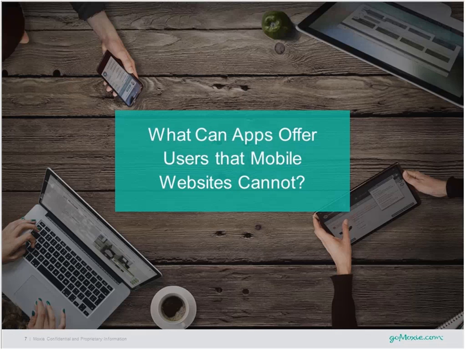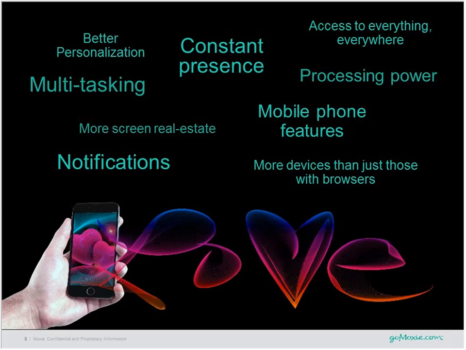So this often leads to the question: what is it that apps can offer users that mobile websites cannot? Why are people so drawn to apps? Why do they love apps? The reason is that apps are a lot more coupled with the device. This means there's better personalization that you can do with an application than with websites.